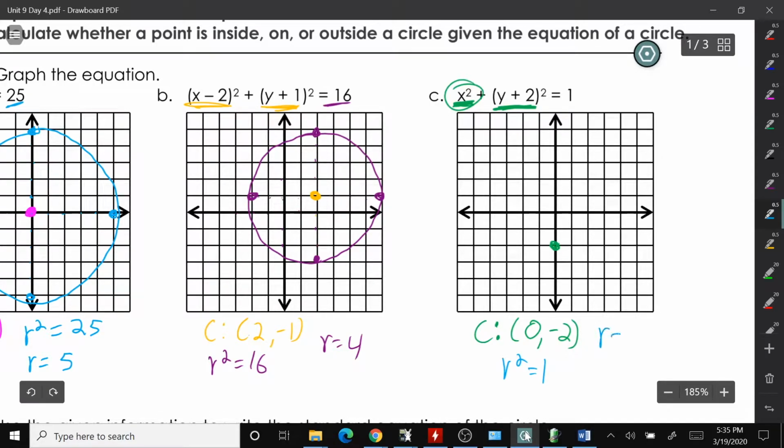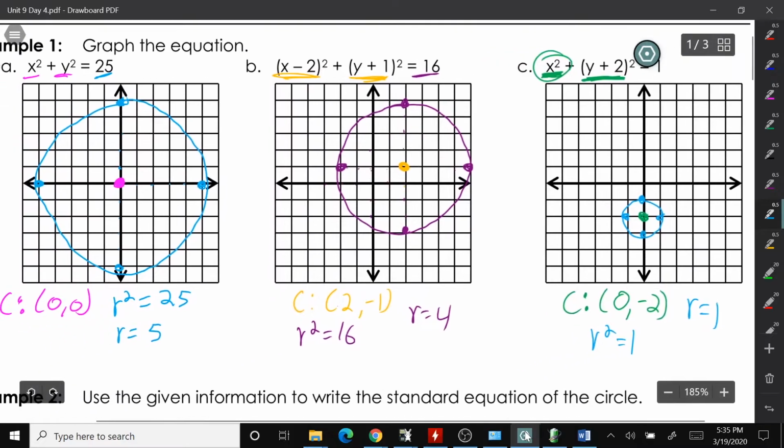Well, the square root of 1 is just 1. So I'll go 1 in each direction, and then I do my little circle and try to do the best you can with that. Okay, so graphing them isn't too bad.